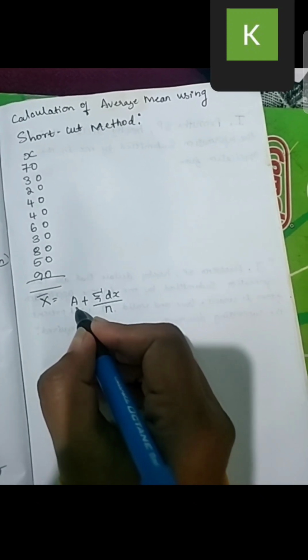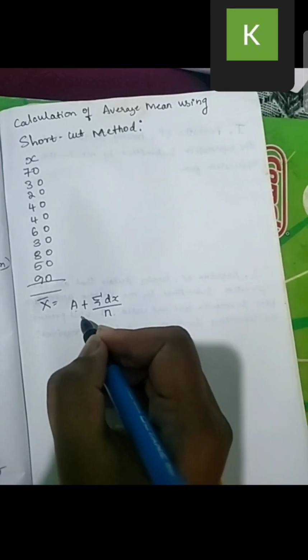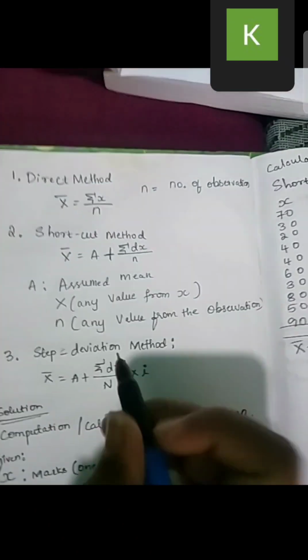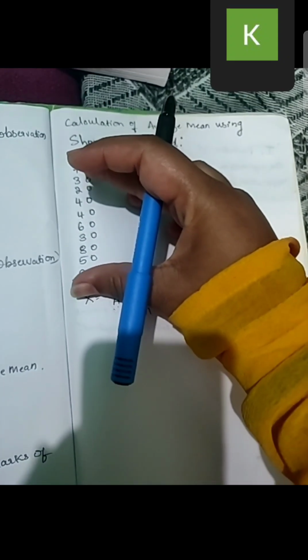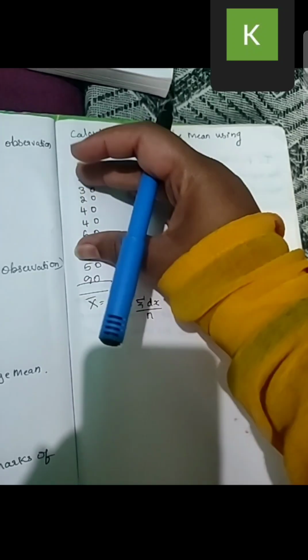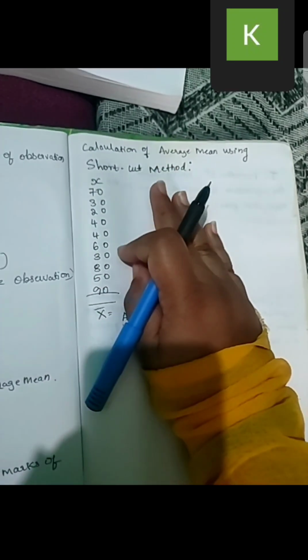I don't know what A is and I don't know what d is. First, we have to find out what A is. A simply says it is a value from the given x, and it can be any value from the observation.